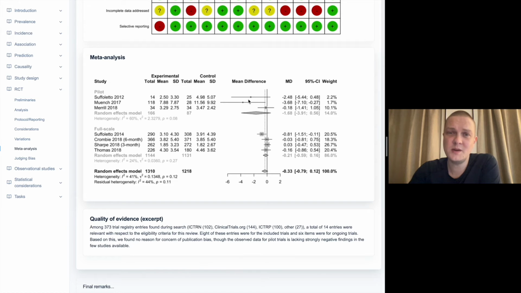This is quite typical in pilot trials that you get large effect estimates. But the larger trials here had more conservative estimates. This is one reason why you should be very careful when planning a trial. It's a good idea to do a pilot study, but don't expect the effect sizes that you see in a pilot study to be anywhere close to what you should expect in a larger scale trial.